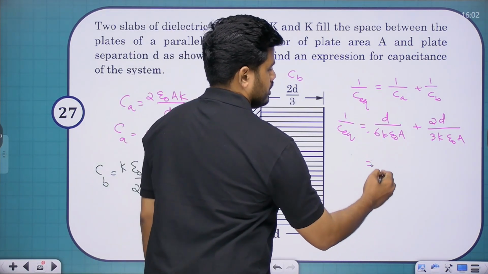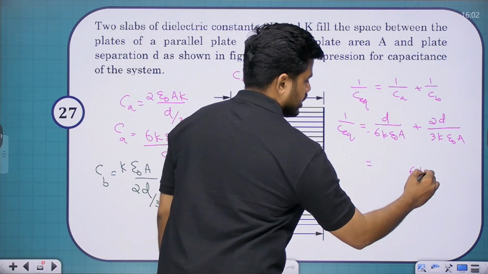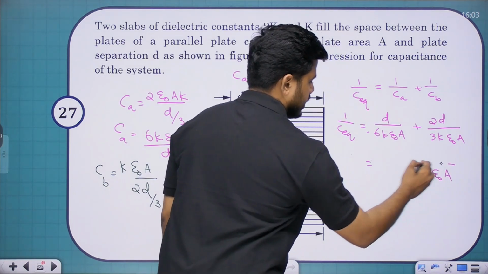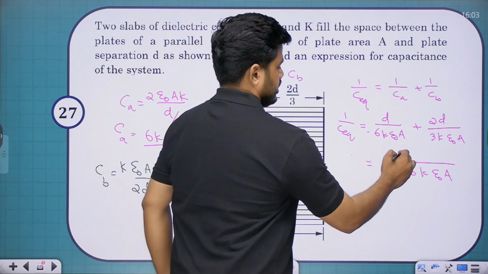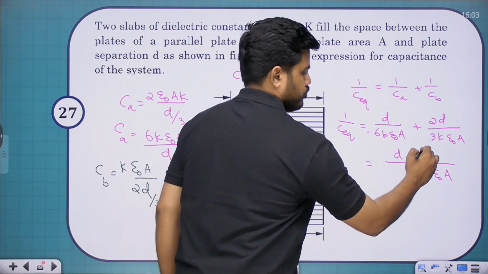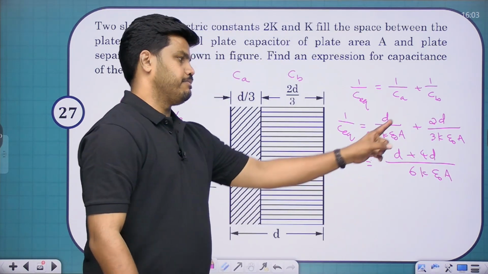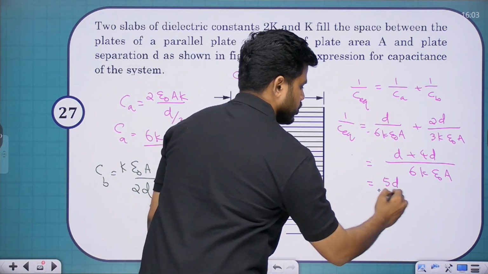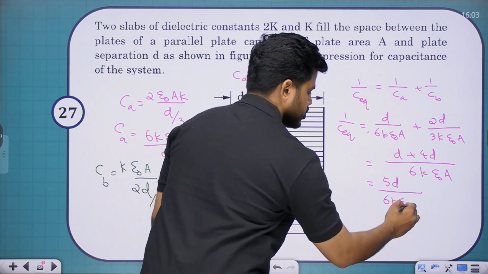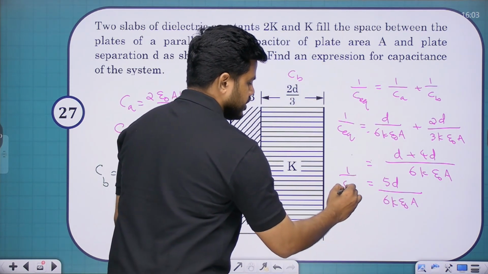So we can take 6K epsilon 0 A as the LCM, right? So we get D plus 4D, right? 4D, because 2 times should be multiplied. So we get 5D divided by 6K epsilon 0 A, that is 1 by C equivalent.